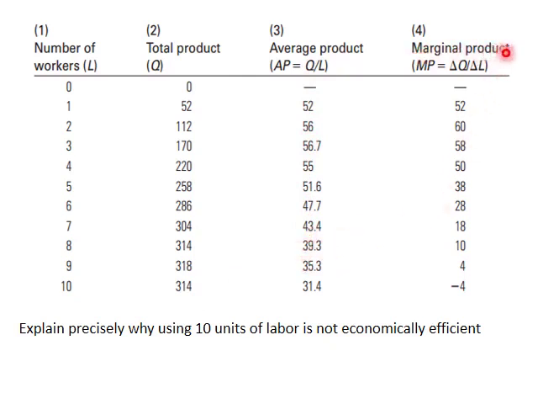In the case of marginal product, first it increases, then it starts to decrease, and ultimately it becomes negative. So it is not economical to add the 10th worker, because it decreases the overall total product from 318 to 314.